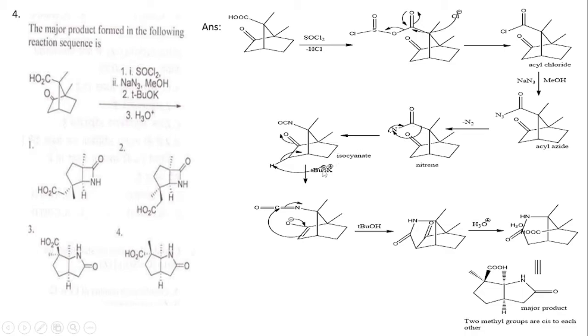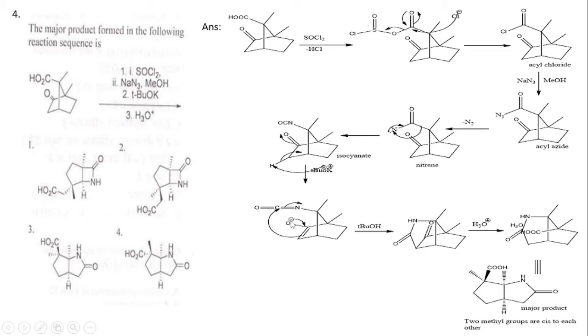Then they are giving this potassium tert butoxide, which is acting as a base. Here you see, adjacent to this carbonyl group, this hydrogen is most acidic. So it abstracts this proton. This bond comes here, and it forms this enolate type of ion.